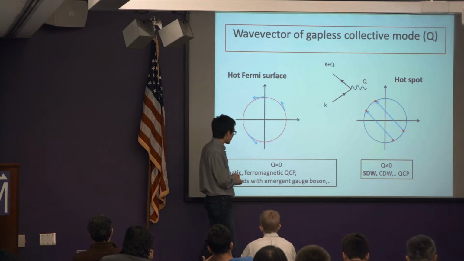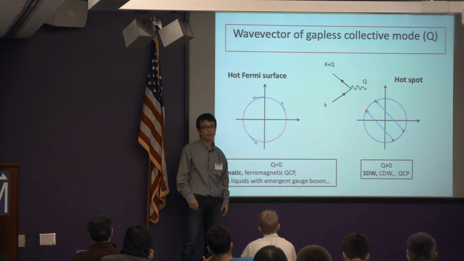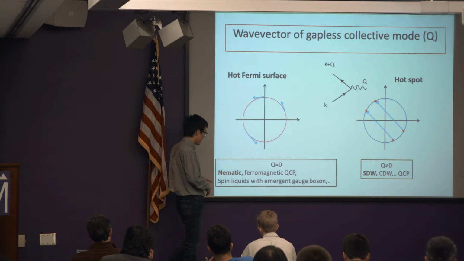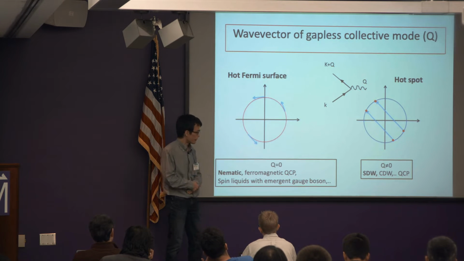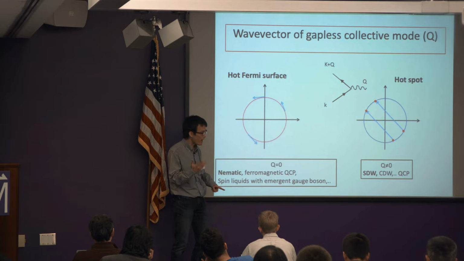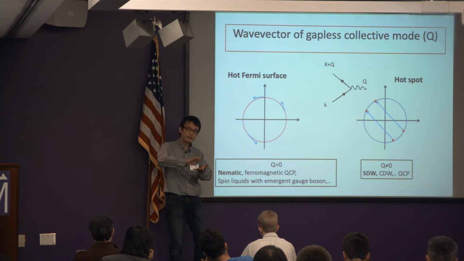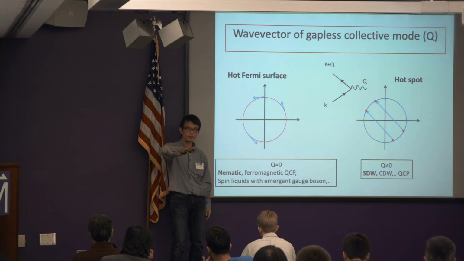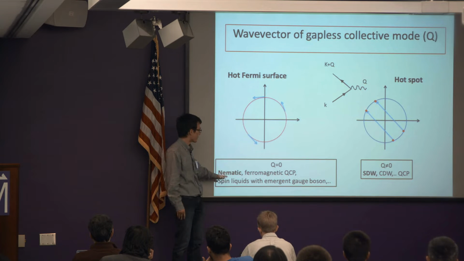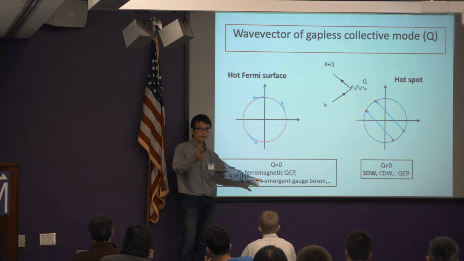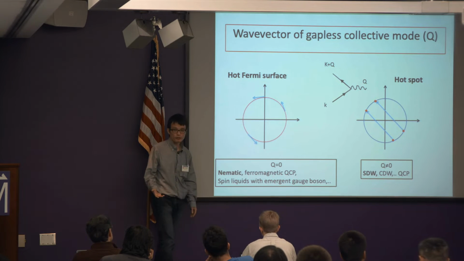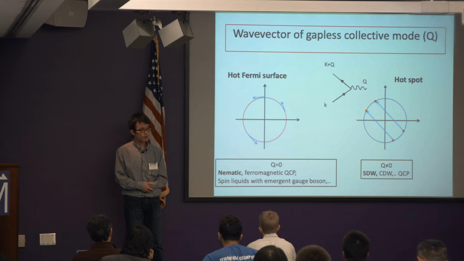So the Q equals 0 case is when the spontaneous symmetry breaking is some internal symmetry. It doesn't have to be internal symmetry. It can be some space symmetry, it can break the spatial rotational symmetry. So that is the nematic phase transition. Or it can break the spin rotational symmetry, some magnetic transition at Q equals 0, for example.